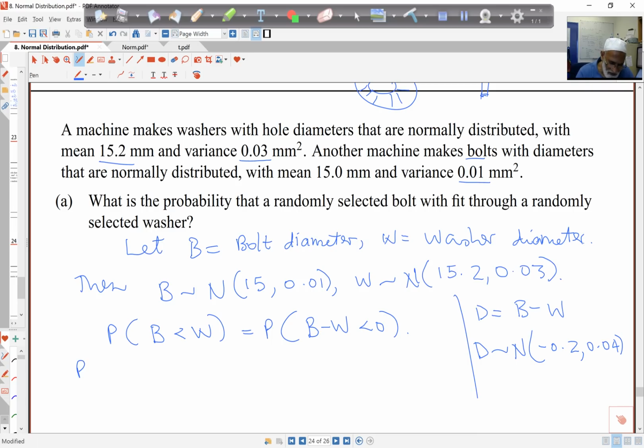So I just formalize that, put the difference as B minus W. So D has a normal distribution. The mean is negative 0.2 and the variance is 0.04.